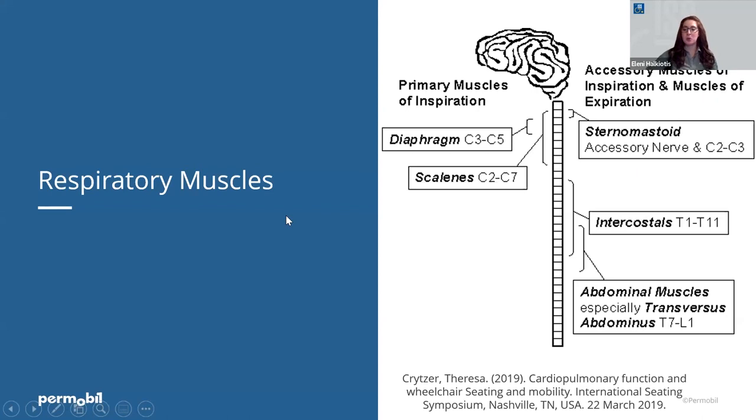Now we're going to discuss pulmonary functioning as it relates to the wheelchair riding population, and a few things about respiration. First of all, if you can't breathe, nothing else matters. Our muscles require oxygen to work properly.